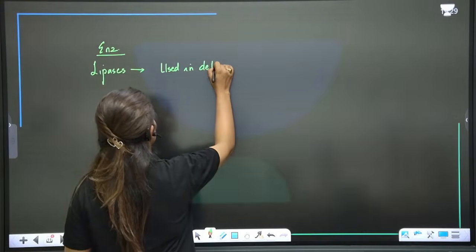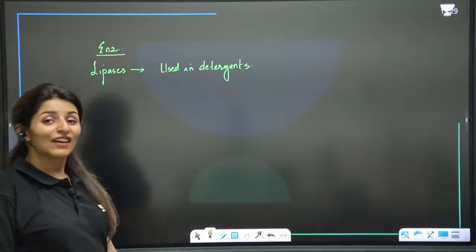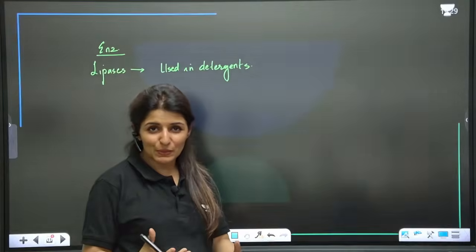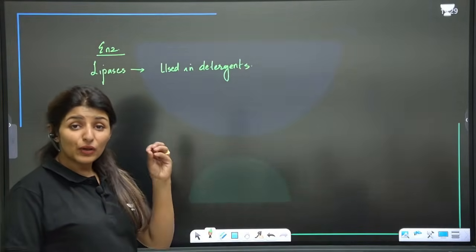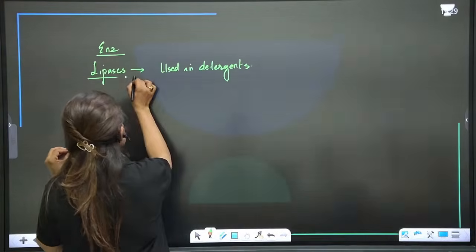Stains are good. Why are they good, and why are they saying that there are bioactive molecules present in the detergents? These are the bioactive molecules that they are talking about. So in detergents, they are adding these enzymes.